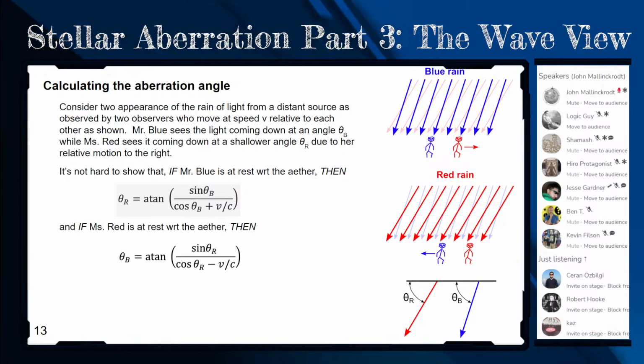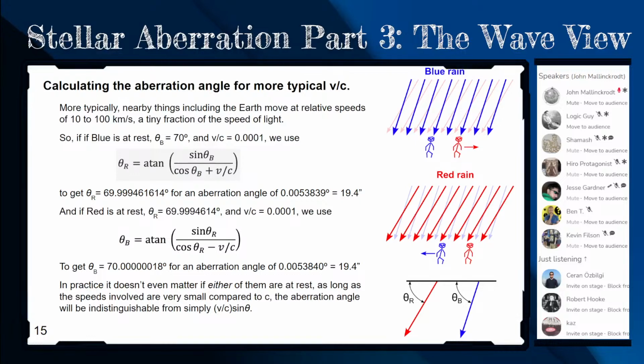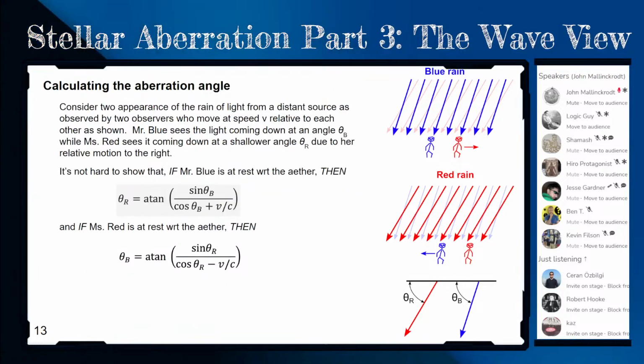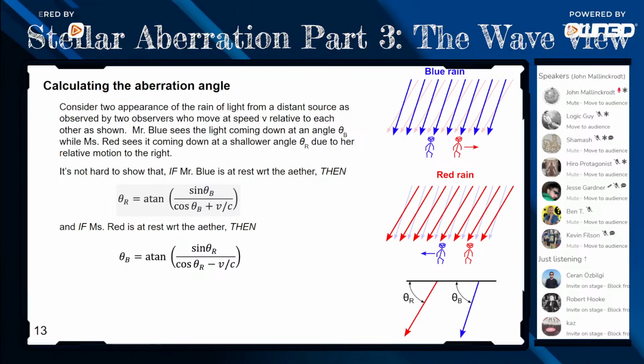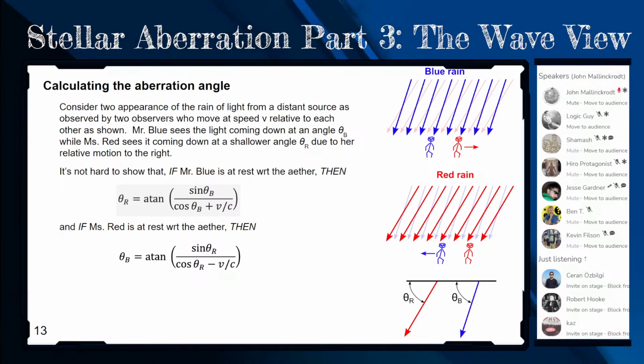Right. No, that's good. I think this is related to the fact I didn't talk about one thing on slide 15 right at the end, that I will now as I answer your question. What I was trying to make the point is that it's unlikely that either blue or red are at rest with respect to the ether. It's probably the case that neither of them is.